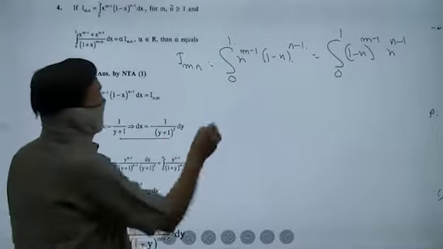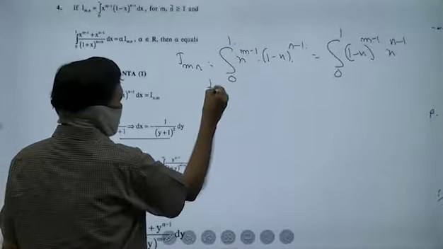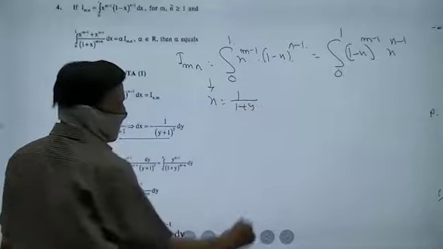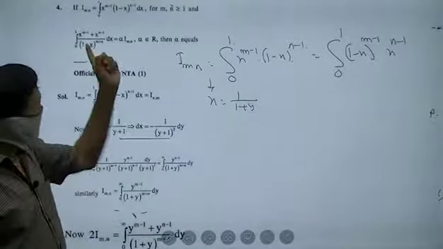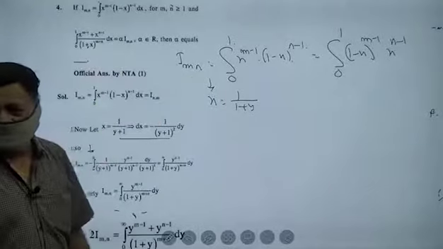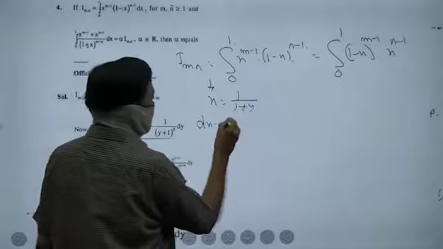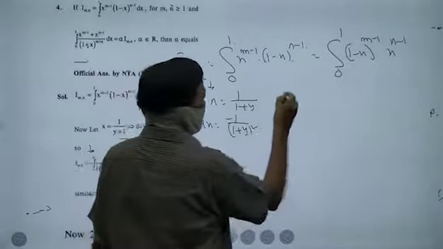Now you have to convert this in terms of this. So for this you put x is equal to 1 plus y. See, this is by intuition. To convert like this, you have to put x is equal to 1 plus y. Then dx is equal to what? Minus 1 by 1 plus y whole square dy.